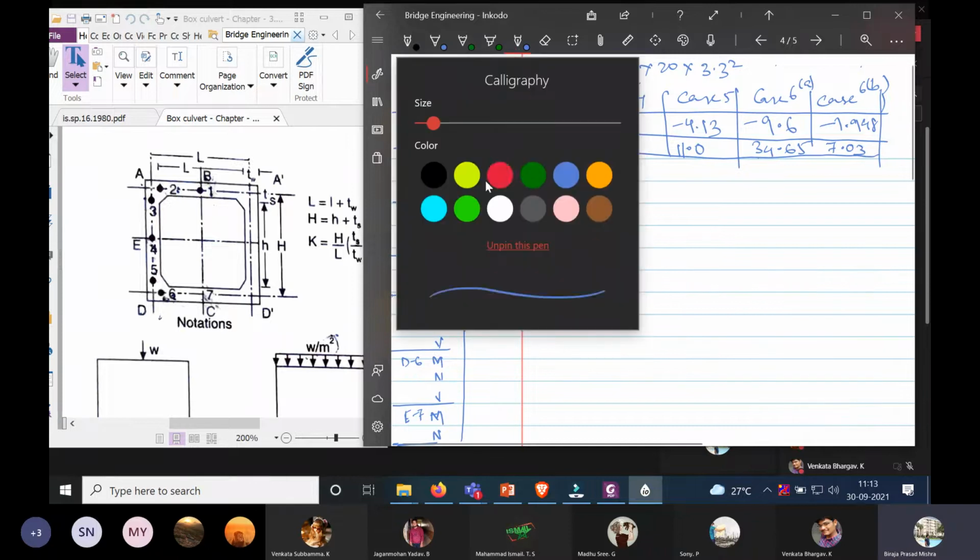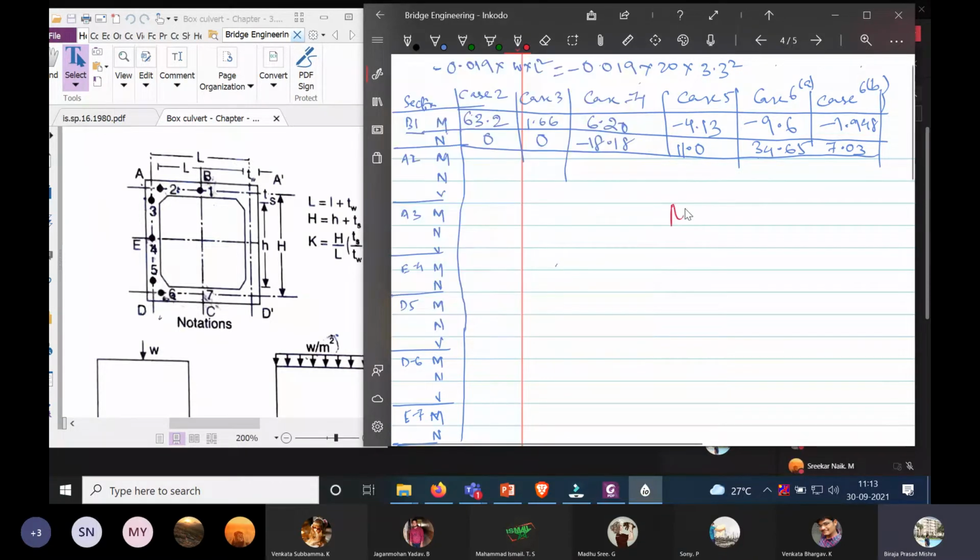M stands for the moment in this table. M stands for moment, N stands for the thrust, and V stands for the shear force.